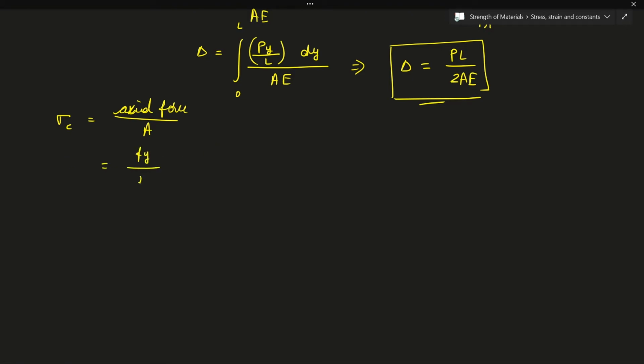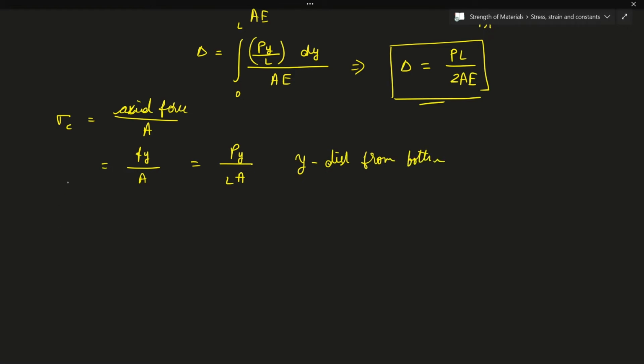So Fy by A. Again, I can write F as P by L, so that is nothing but Py by LA. Now this y is the distance from bottom.